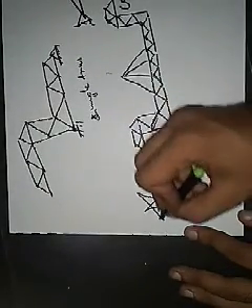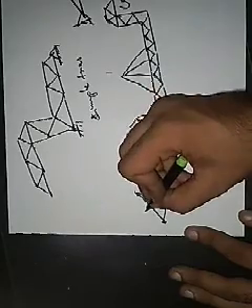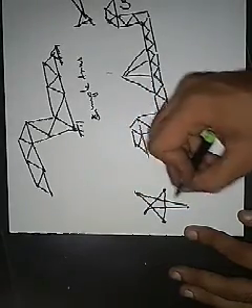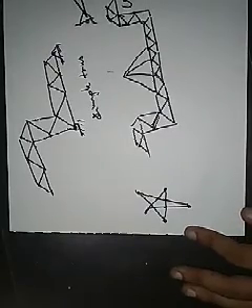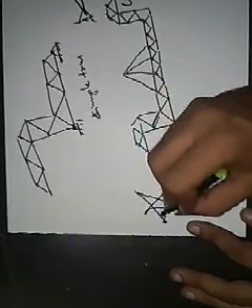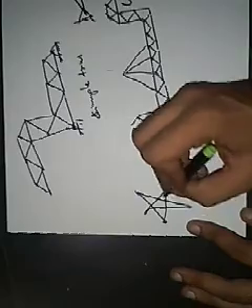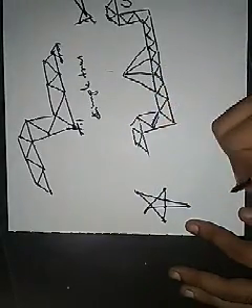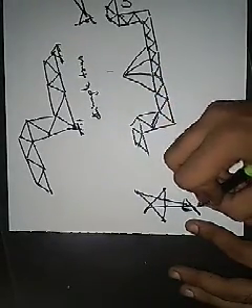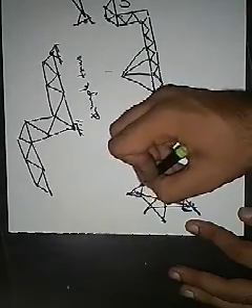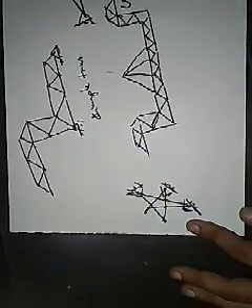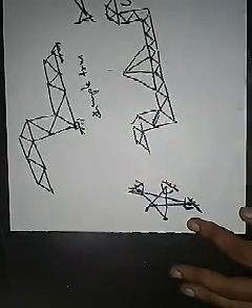Remember, the members were pinned at these points, but these other points are just crossing each other, overlapping each other. So this could be a complex truss.